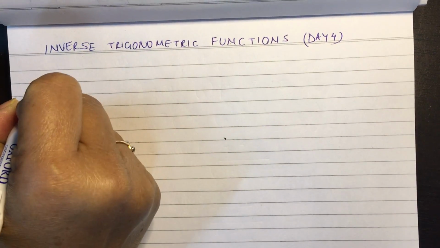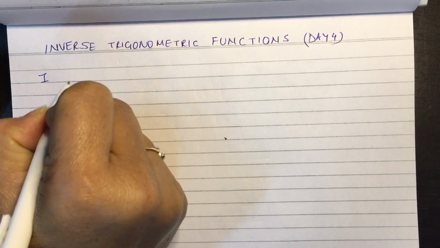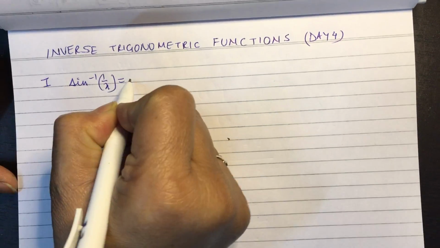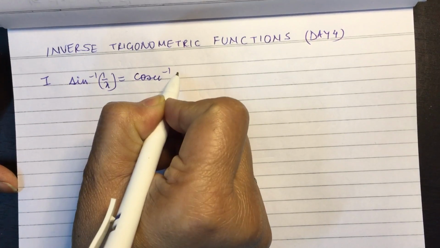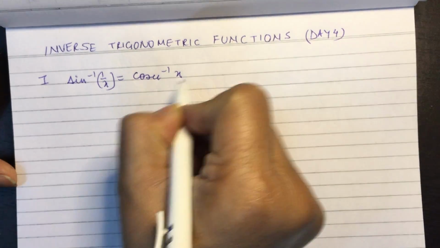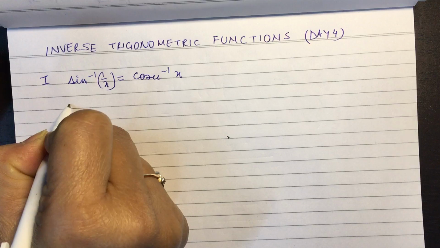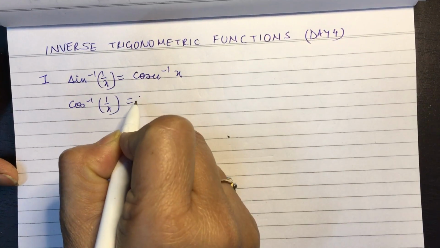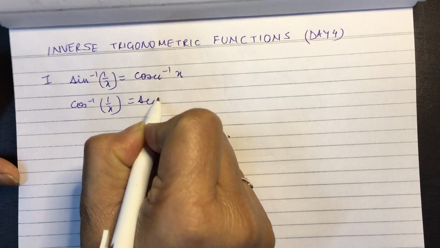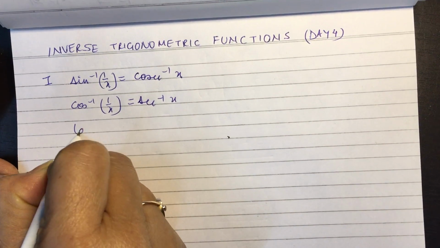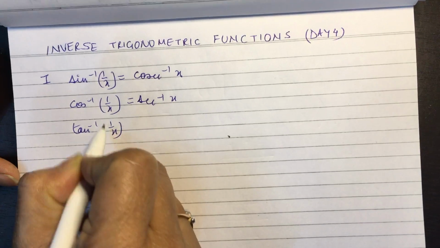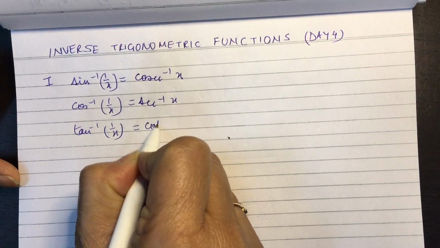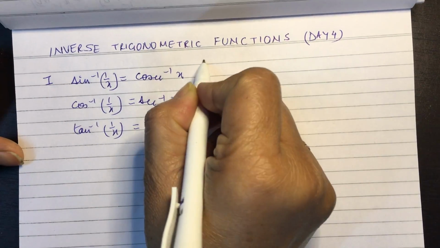That is, first set is we have sine inverse 1 upon x equal to cosec inverse x, cos inverse 1 upon x is equal to sec inverse x, and tan inverse 1 upon x is equal to cot inverse x.